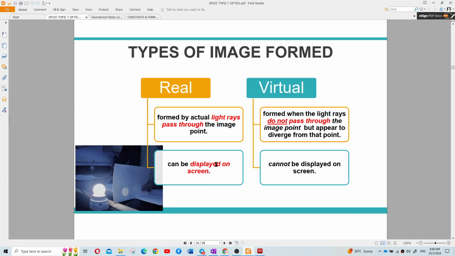You watch the movie on the white screen. That's a real image. The light form real image on the screen. Virtual image is an image you just see inside the mirror or inside the lens, but this virtual image cannot display on the screen. Understand, class? Real image form on screen, virtual image cannot form on screen.